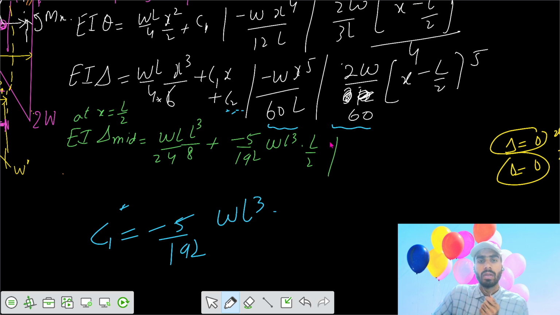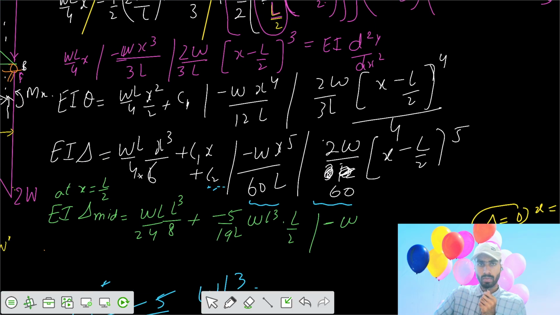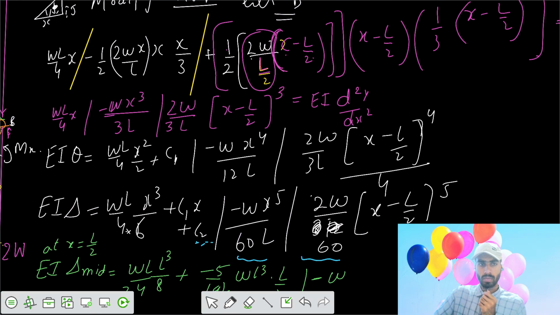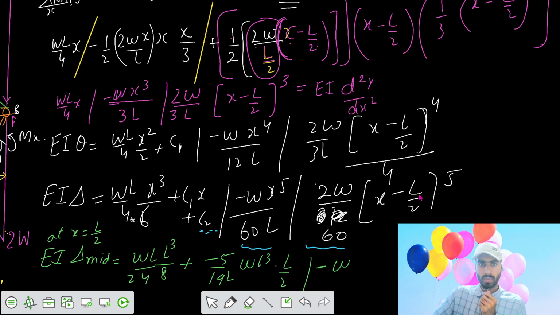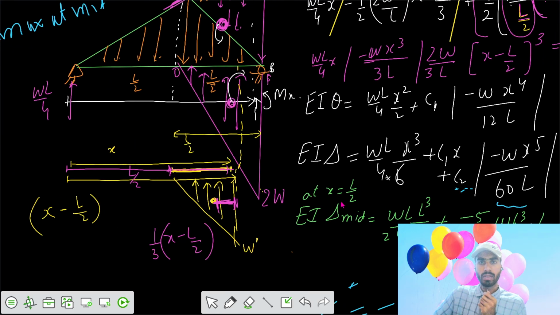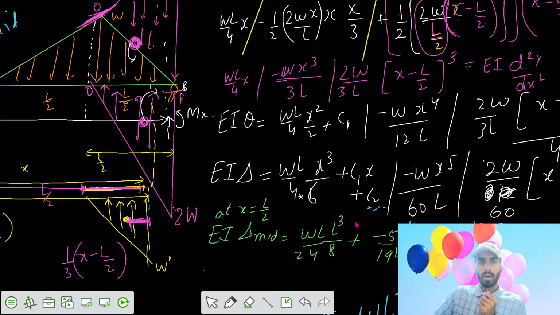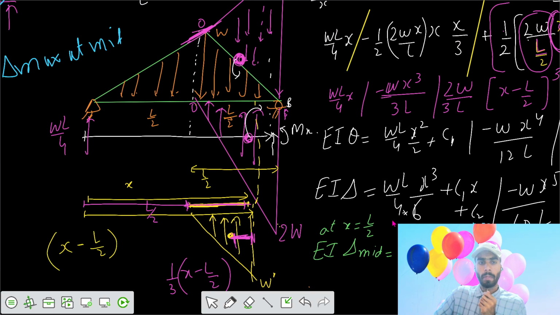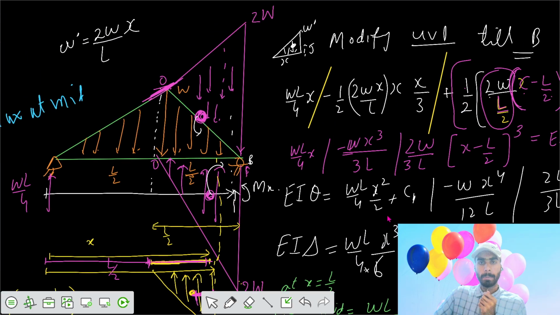Then this term, is it valid? WX power 5. Yeah, because it's a uniformly varying load. How we got this WX cube by L? Yeah, it was because of that uniformly varying load. Yeah, correct.